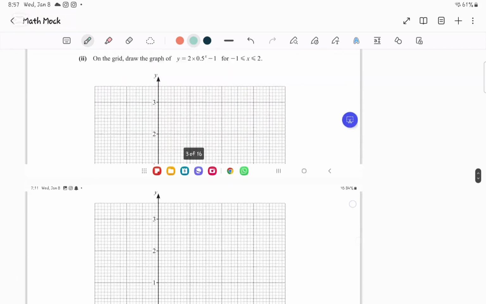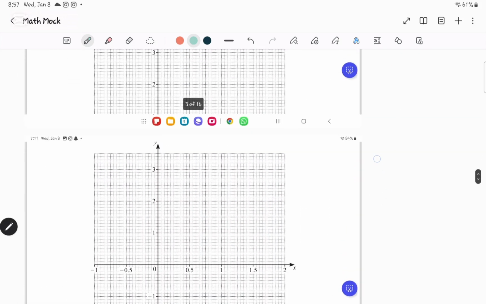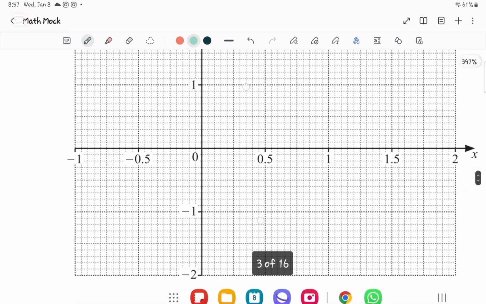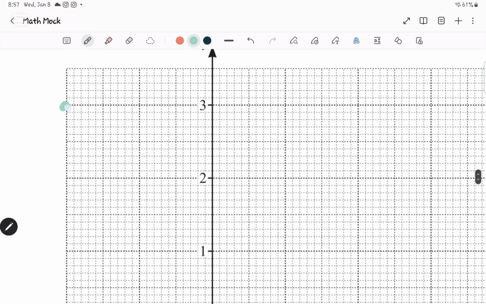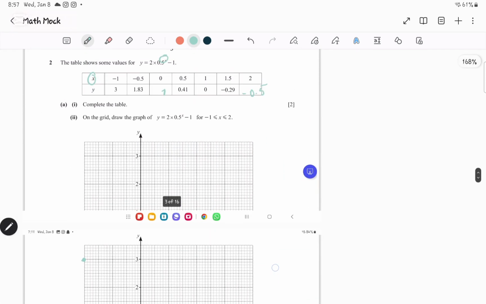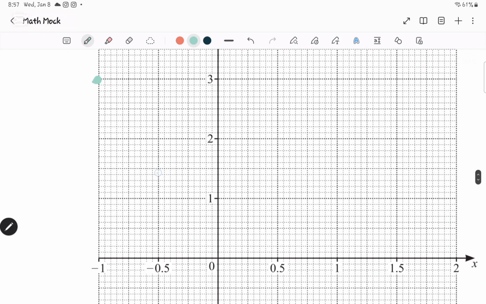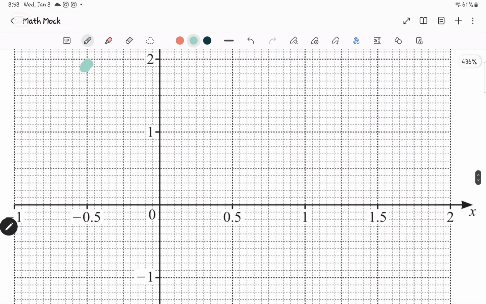Very simply, to graph it, we're just going to put the points. So let me just remember these points. At an x of minus 1, we have a y of 3. Then at an x of minus 0.5, we have a y of 1.8 something. Then at an x of 0, we had 1.